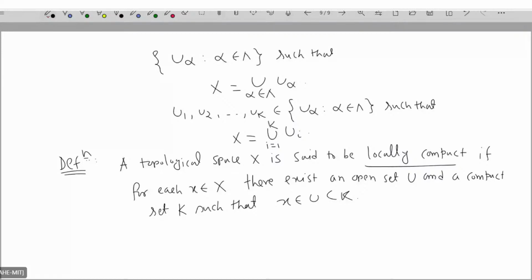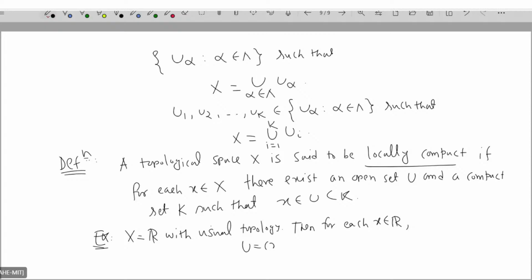So in the real line, X equals R with the usual topology, for each real number x, your U is (x minus 1, x plus 1) and your K is the closed interval [x minus 1, x plus 1].